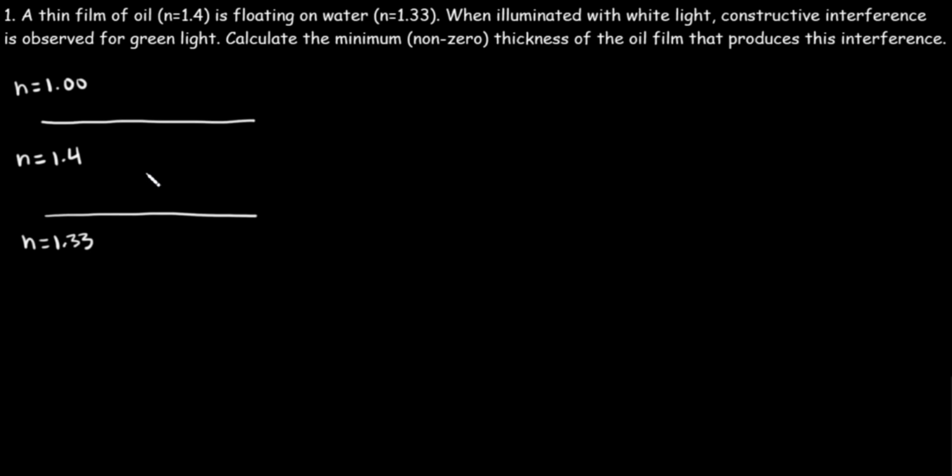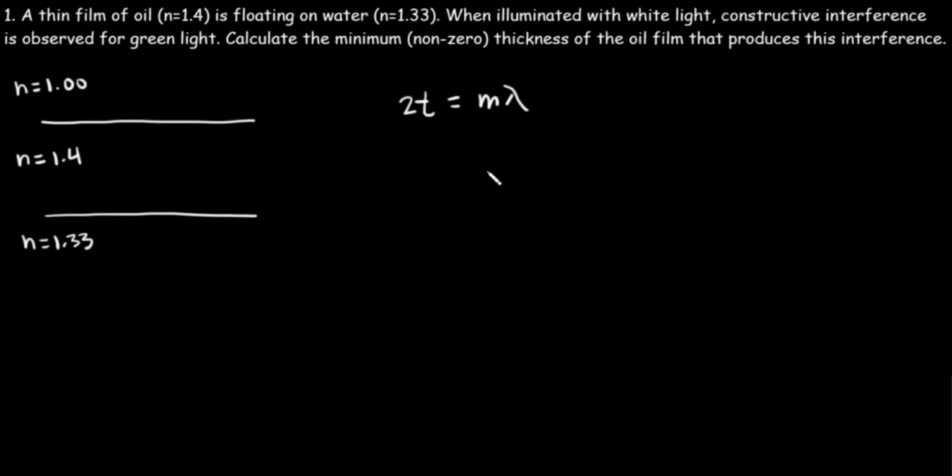So you need to know some formulas. The important formula you want to know is 2T equals m wavelength. And this is for constructive interference.